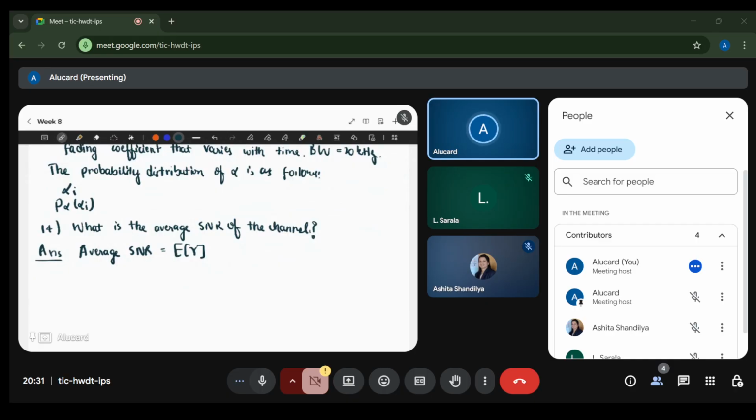In this case, the expected value is the sum of SNR gamma i times the probability of occurrence of that SNR, P alpha of alpha i, where i goes from 1 to 4.